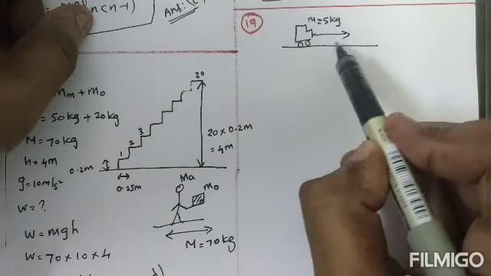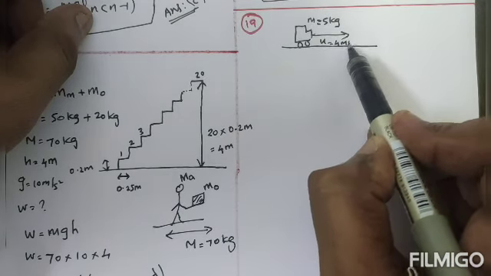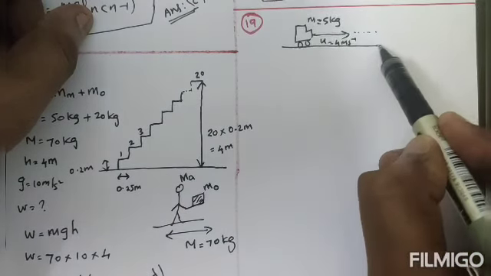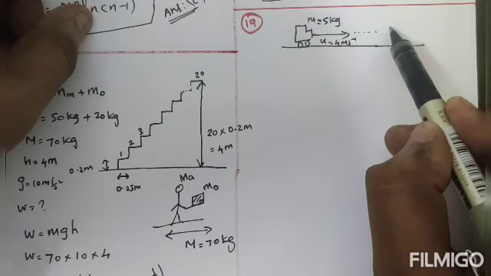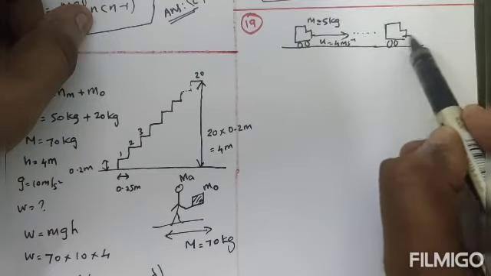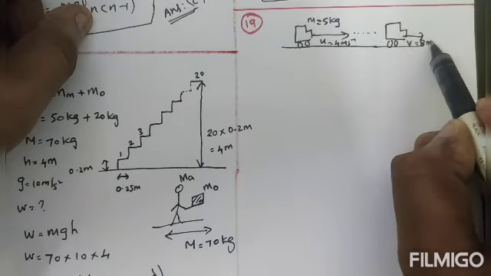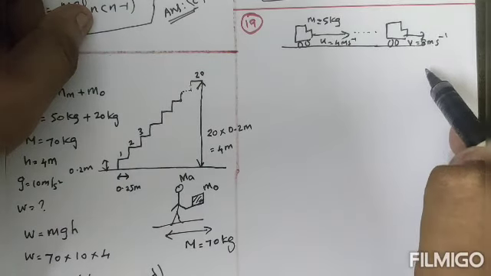So let us imagine I write initial velocity u is equal to 4 meter per second. Then after that its final velocity v is equal to 8 meter per second.